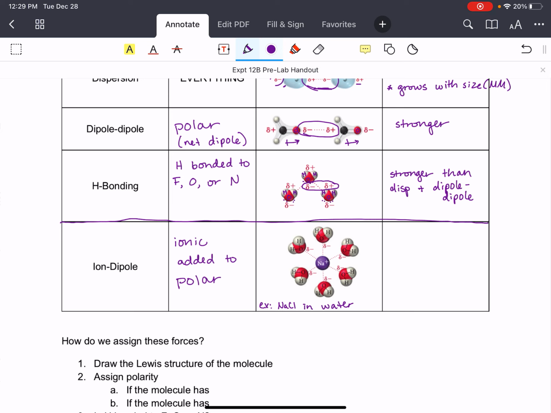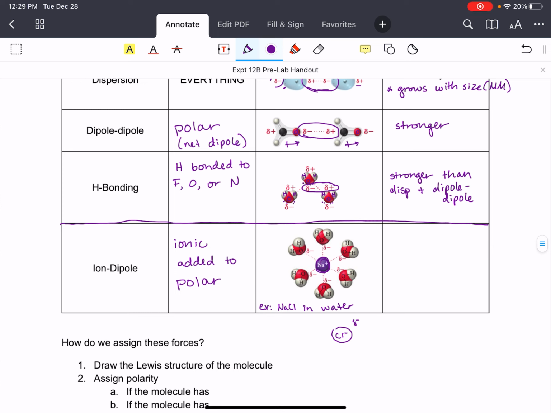The negative ends of the water molecules are attracted to the positive charge on sodium, which is not a partial charge, it's a full charge. The negative chloride ion is surrounded by the partial positive part of water and forms its own attraction that way. This attraction between the ionic substance and the polar substance is an ion-dipole force, and it is the strongest of the intermolecular forces possible.